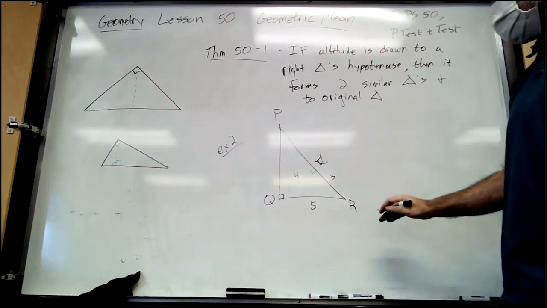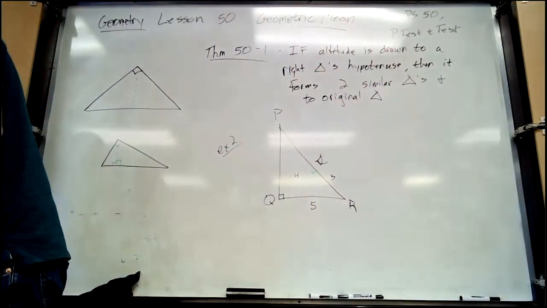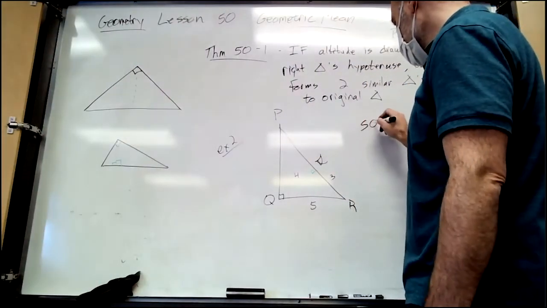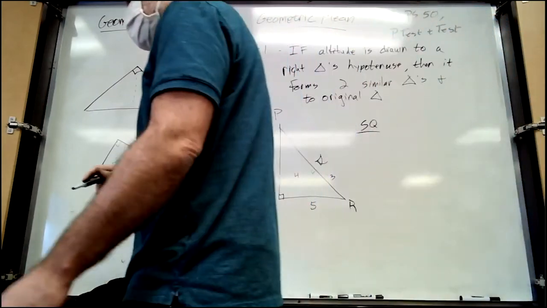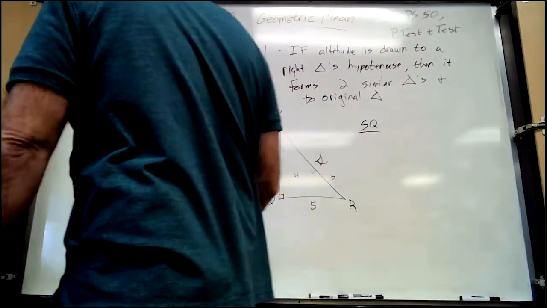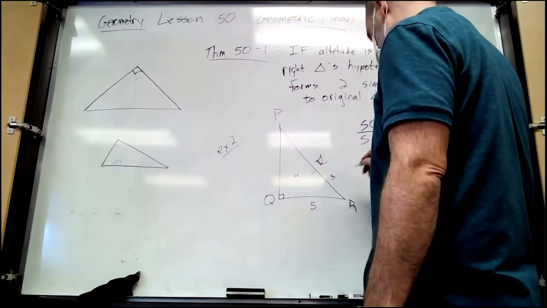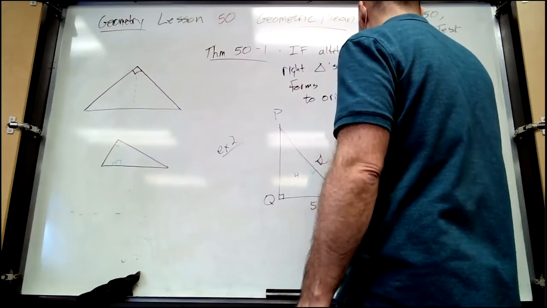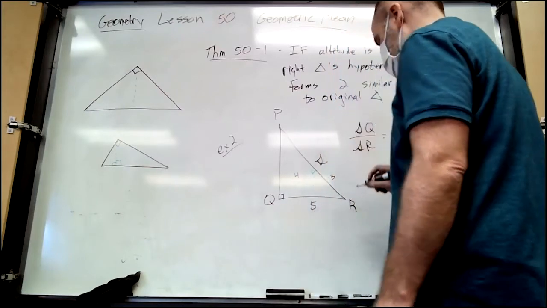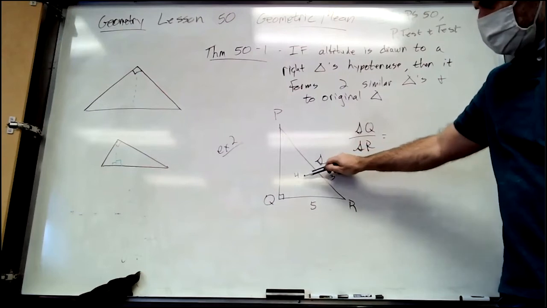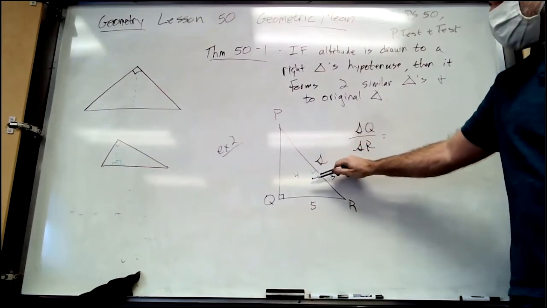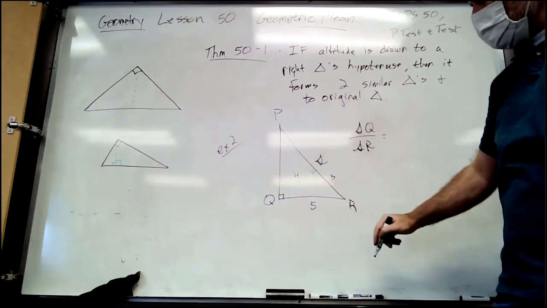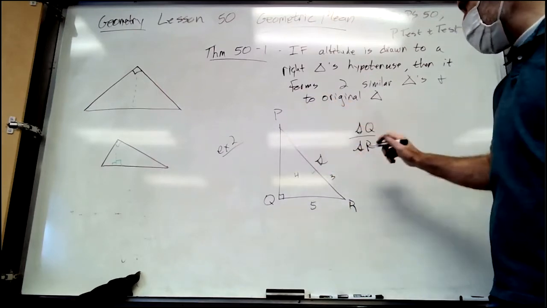All right? So for example, here are some ratios. SQ is right here. SQ is to SR as, let's see, this side, which is the second longest side, is to the shortest side as what? Well, look at the big triangle. The second longest would be PQ.